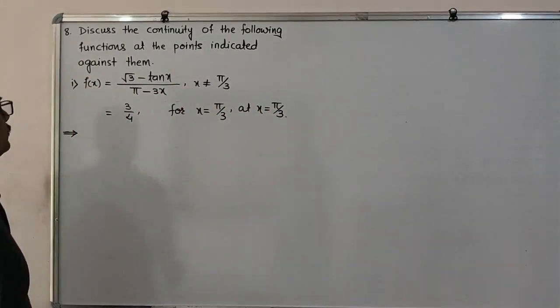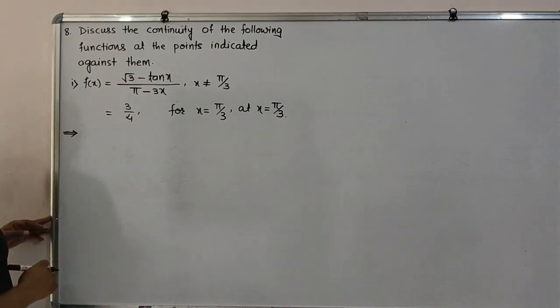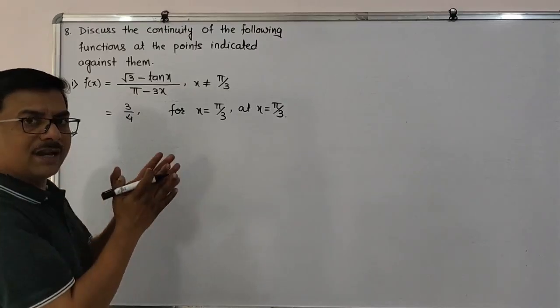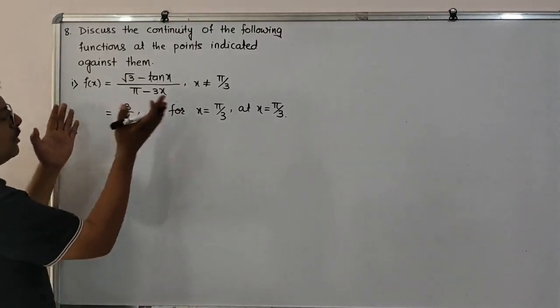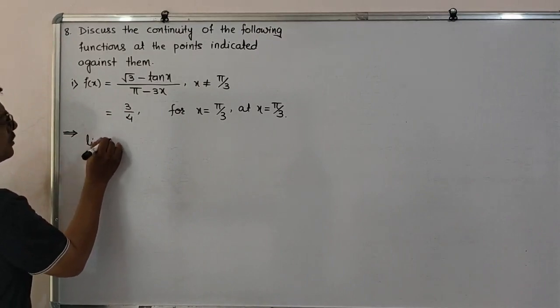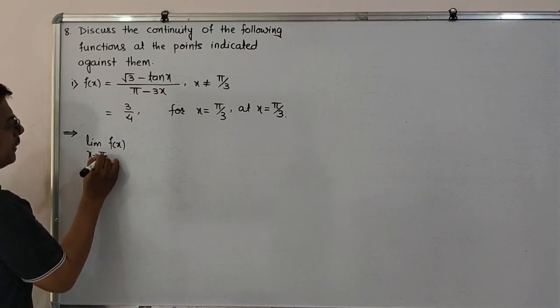Now, we are going to discuss the continuity of the function, which means we have to check whether the limit of the function and the value of the function are equal or not. For that we are going to find the limit of f(x) as x tends to pi by 3.